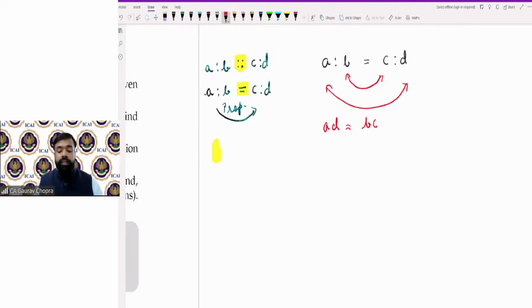B multiplied by C. A into D is known as product of extremes, is equal to product of means.